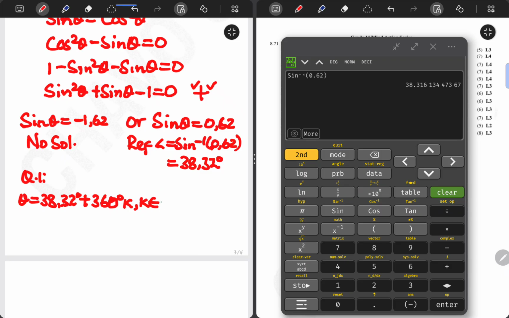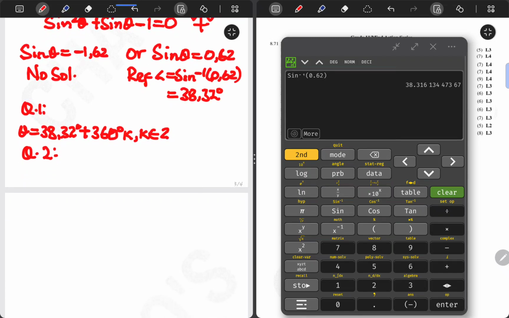Integer. And quadrant number 2, my pen is so tired now. Quadrant number 2, theta equals to 180 minus 38.32.